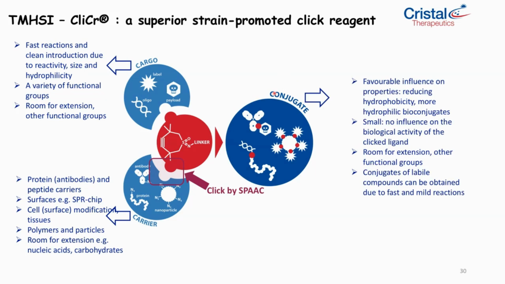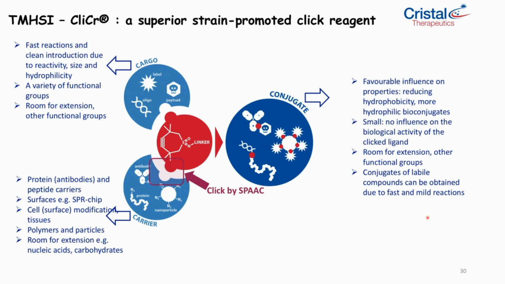And the conjugate has favorable properties. Perhaps it's less hydrophobic because of this TMTH-SI. It's small, so we don't have influence of this particular moiety on the biological activity of the click ligands. And that's especially interesting if the molecule is still a relatively small drug. Again, there's room for extension to other functional groups.